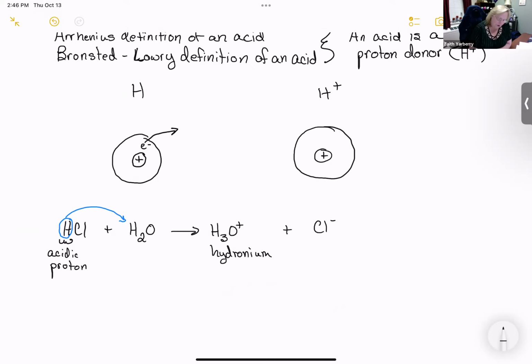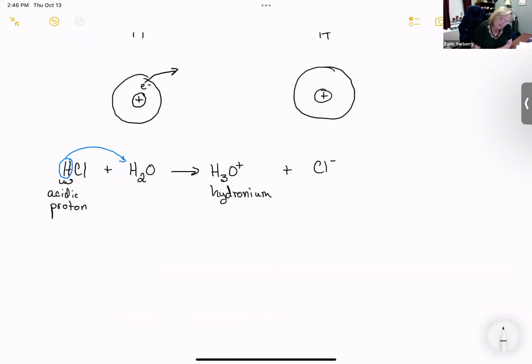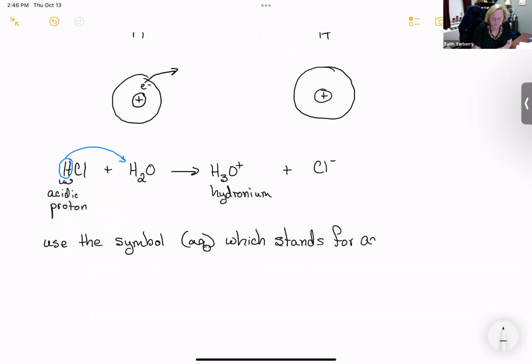Now, another way to illustrate this is we can instead use the symbol AQ, which stands for aqueous, meaning that the substance is dissolved in water.